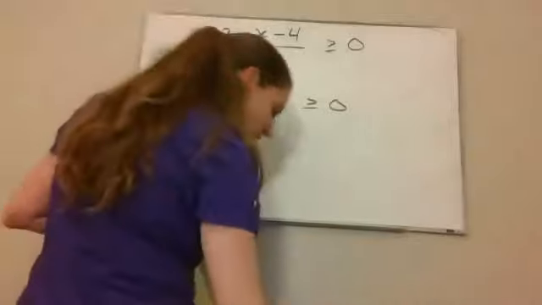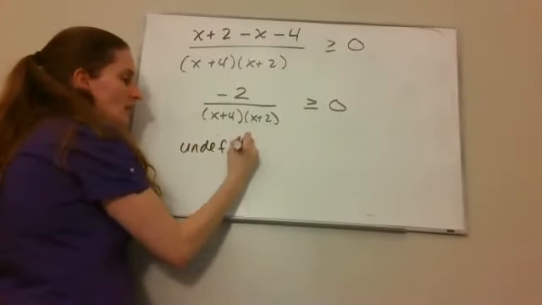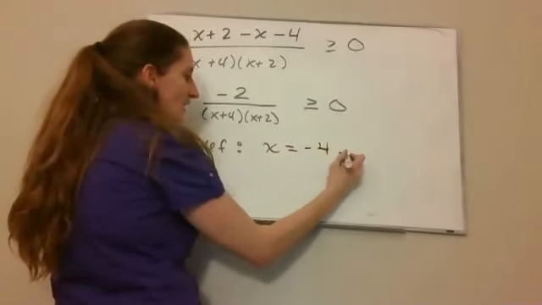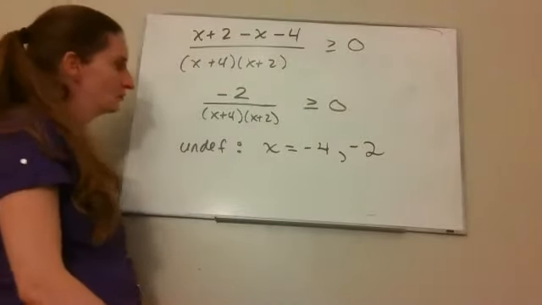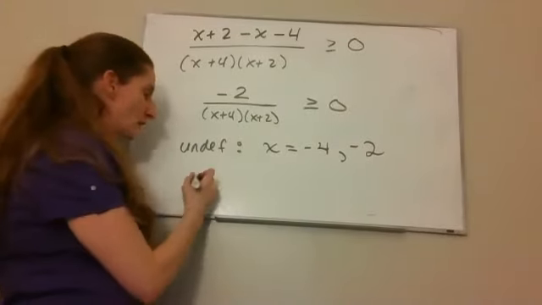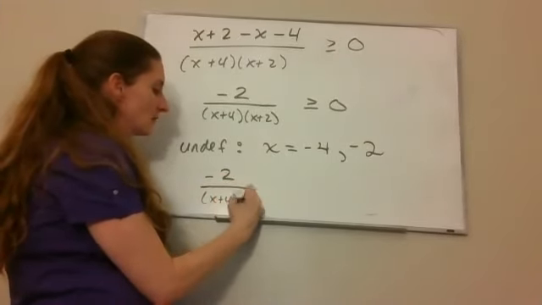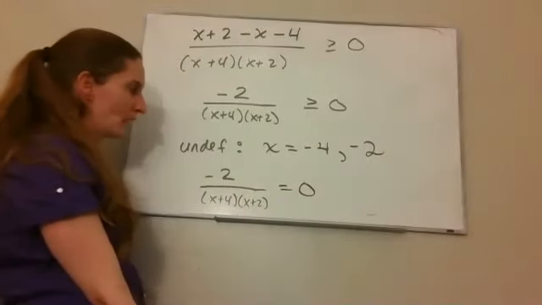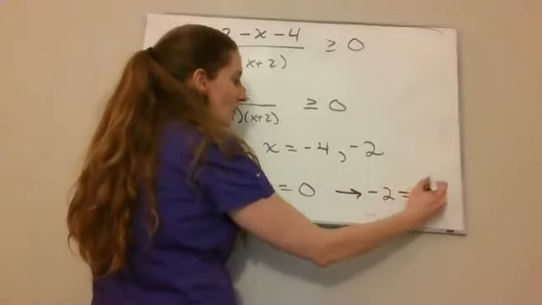Now, where is this undefined? It's undefined when my denominator is 0, and that happens at x equals -4 and at x equals -2. Where is this equal to 0? Well, if I try to solve that, and I multiply both sides by the denominator, I get -2 equals 0.